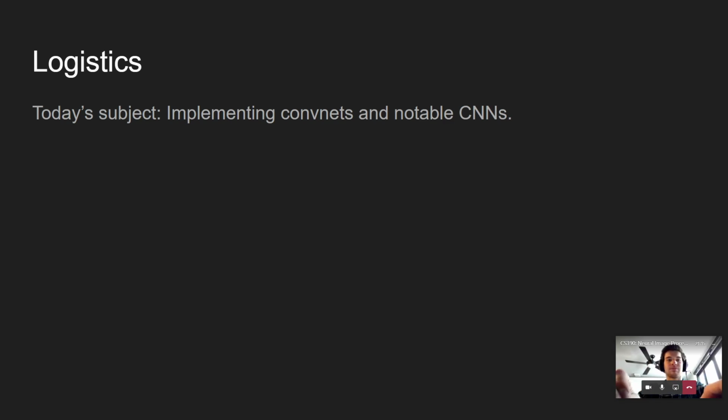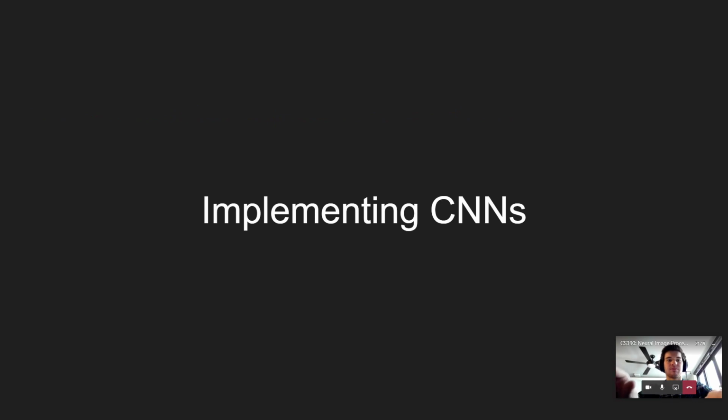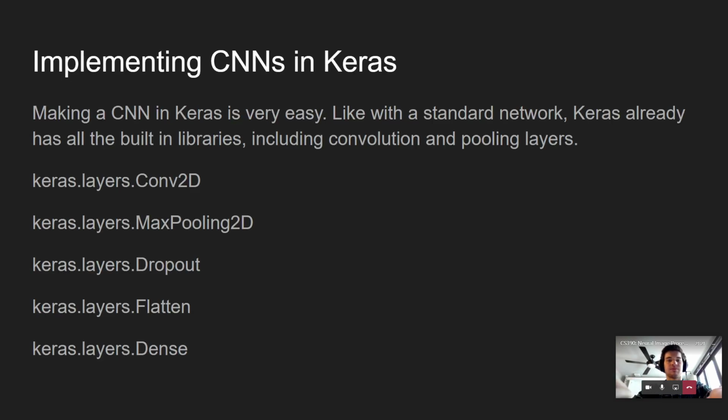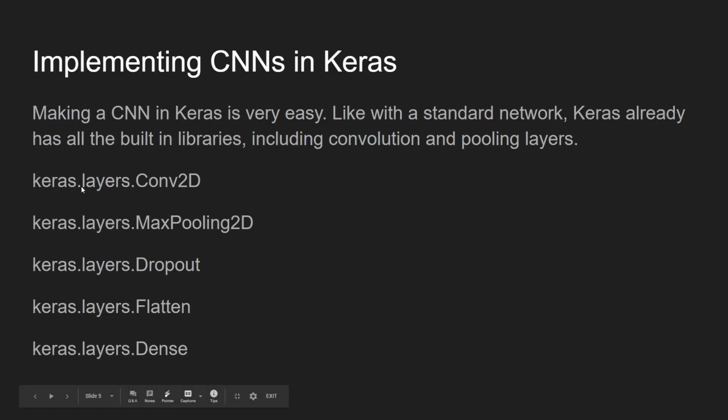So yeah, today we're going to talk about implementing convnets and some notable CNNs. Here are a few of the layers we'll be using. Unless we're doing something weird with text or something, we're always going to be using Conv2D as our main layer. We also have max pooling already implemented for us.